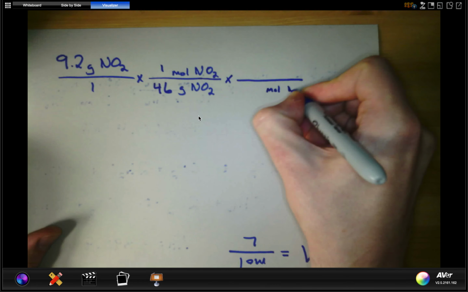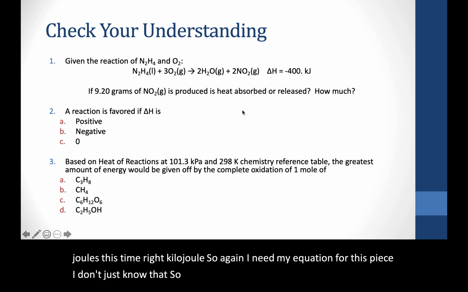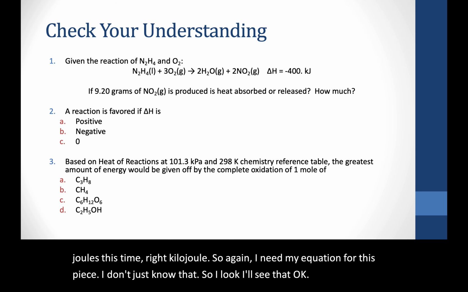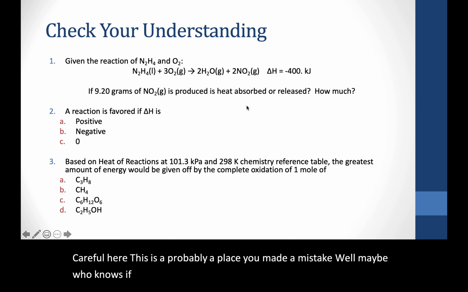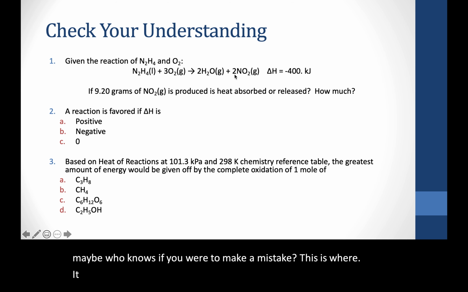Kilojoules. So again, now I need my equation for this piece. I don't just know that. So I look, I'll see that, okay, careful here. This is probably a place you made a mistake. Well, maybe, who knows? If you were to make a mistake, this is where it would probably happen. So look, in front of the NO2 in this equation, there's a 2. That means for every 2 moles of NO2 that are produced, we get 400 kilojoules out.